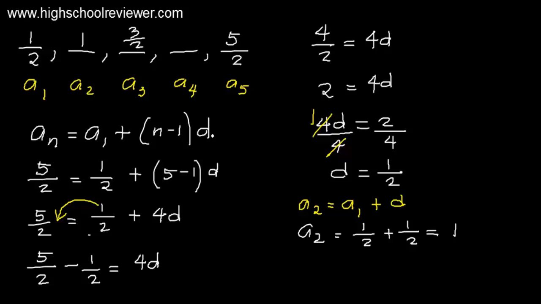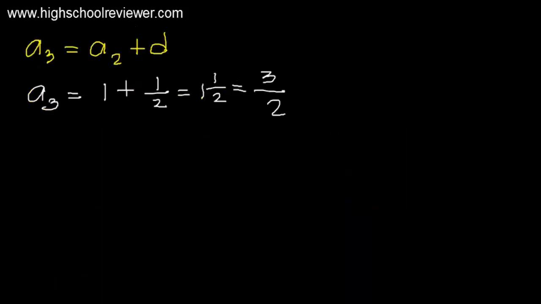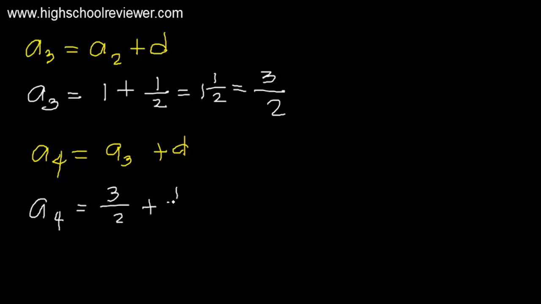And let's find a sub 4. Our a sub 4 now, we will just add a sub 3 and d. So a sub 4 will be a sub 3 plus d. Since we have the value for a sub 3 now, our a sub 4 will be 3/2 plus 1/2.